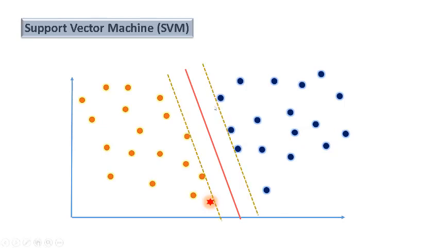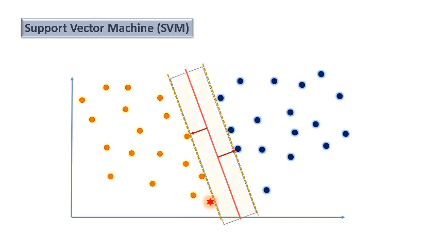Which points? Now I'm going to show you. Here I put a dotted line. From this picture I can say that this line could be the maximum equidistance, the maximum margin.